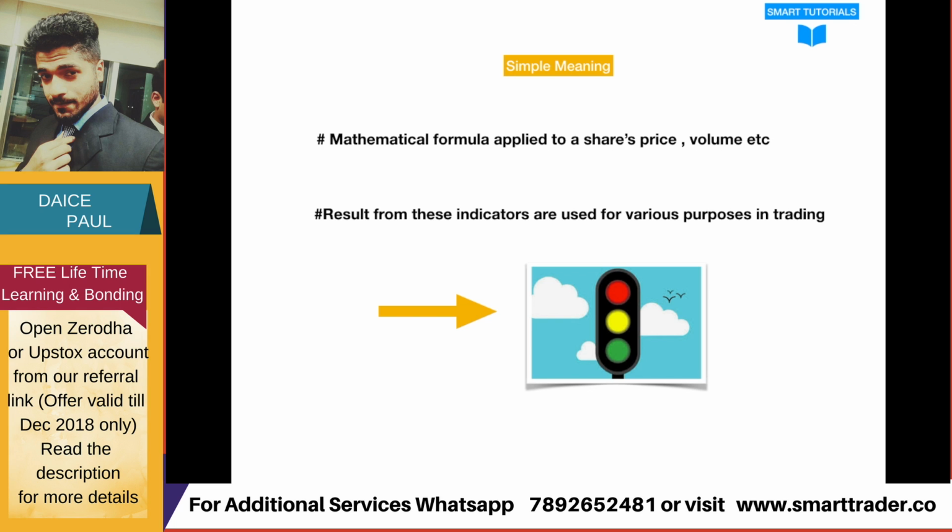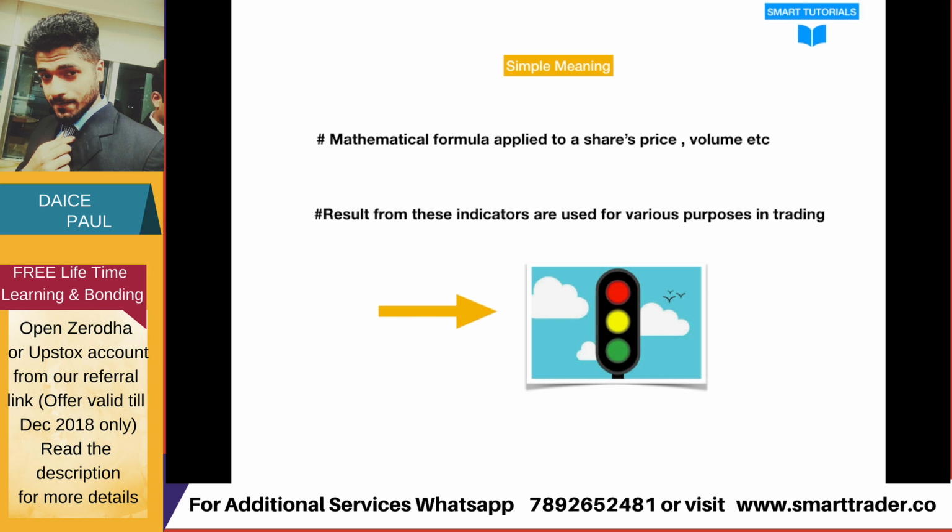We have to learn all these things for trading purposes. These formulas are applied on the share's price, for example a share's price of 100, or the closing price, the opening price, or the volume of the share, different data of a share. They do some calculations and use some formulas. These formulas were created by great investors in those days, and they named them indicators. There is a lot of maths and a lot of formulas behind those.